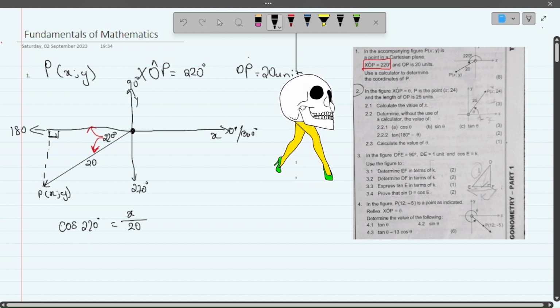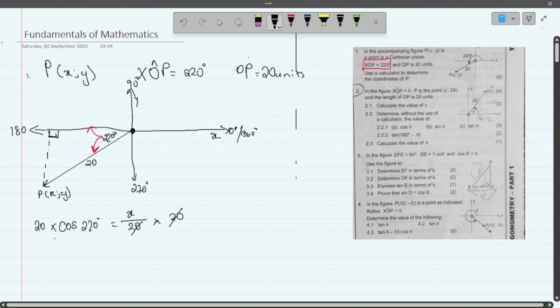To find x, we multiply both sides by 20 units to get rid of the denominator, so that x is the subject of the formula.